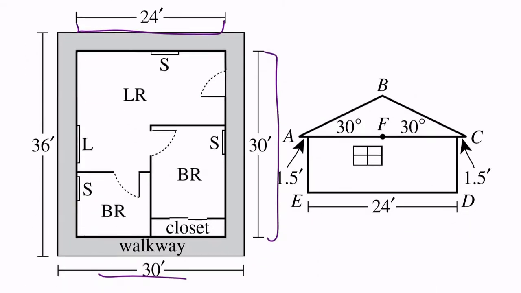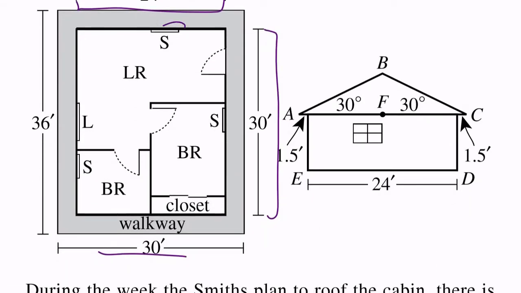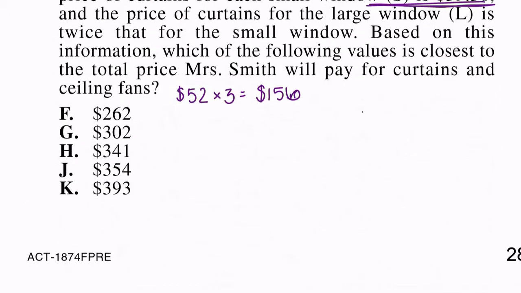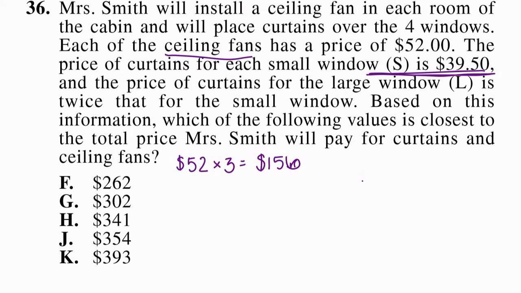So we can look up here at how many small windows we have. We have 1, 2, 3 total small windows. So we are going to have to do $39.50 times 3 small windows, and that gives us $118.50.